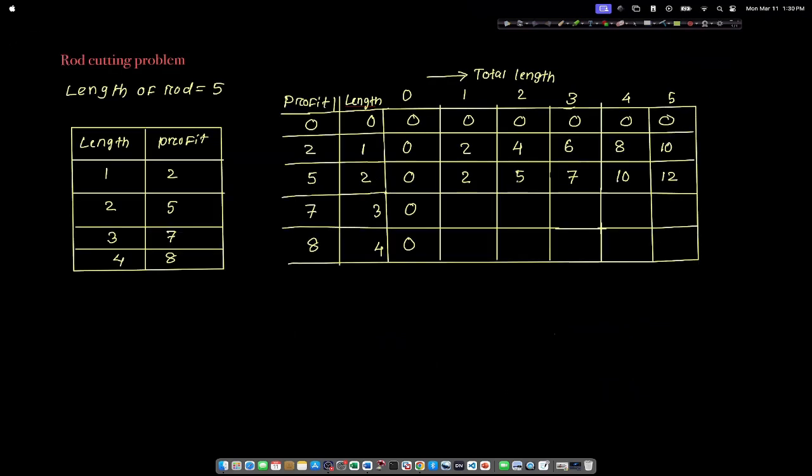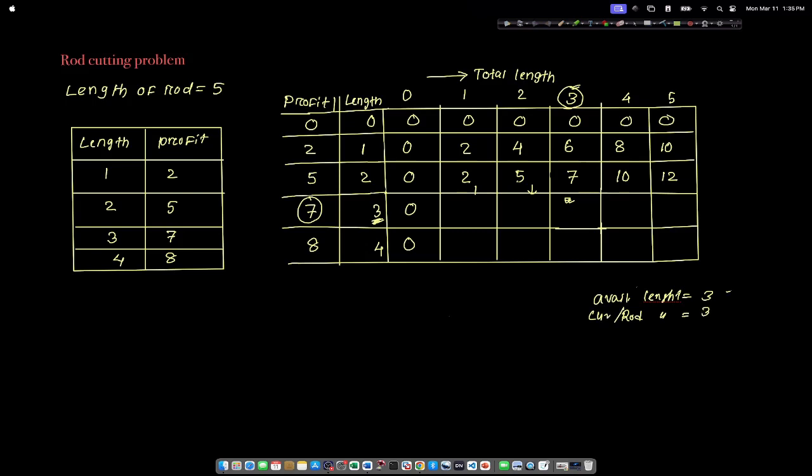Now we will discuss an easier approach to fill these cells. For that, let's consider this cell where available length is equal to 3, and the current length, we consider this one as the current length or length of the rod, or rod length is equal to 3.